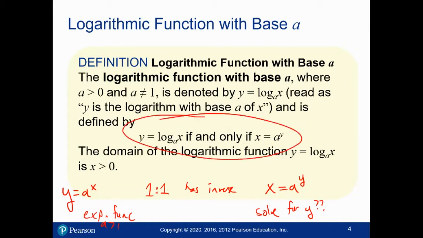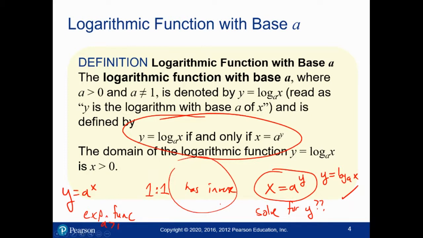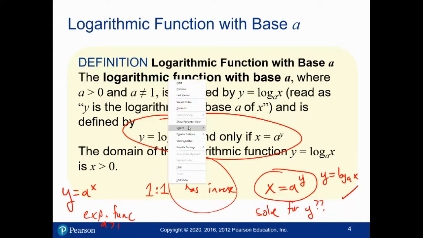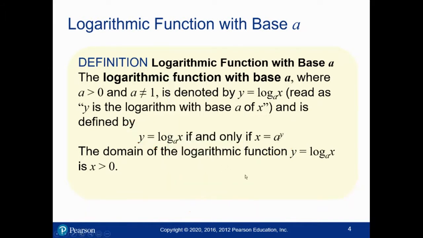That's what this is. The logarithm base a is exactly the tool that says if I need to solve this for y, I just by definition say y is the logarithm base a of x, and I call it a day. I know the inverse exists, but we lacked a tool to express it, so we're inventing it. Logarithms are the inverses of exponentials. The log base a is the inverse function of the exponential of base a.